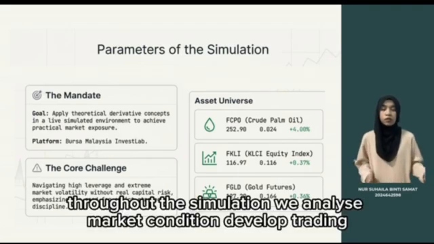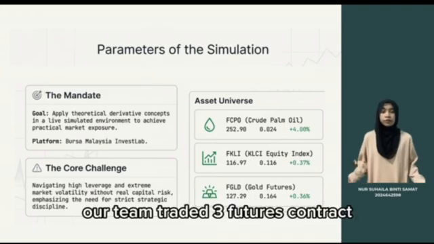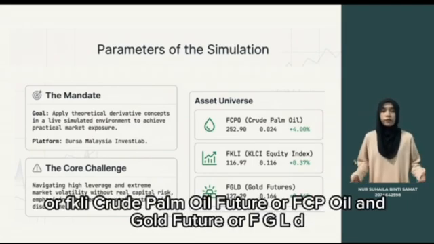Throughout the simulation, we analyze market conditions, develop trading strategies, execute trades, and evaluate our overall performance. Our team traded 3 futures contracts, namely FTSE Bursa Malaysia Kuala Lumpur Composite Index Future or FKLI, crude palm oil future or FCPO, and gold future or FGLD.